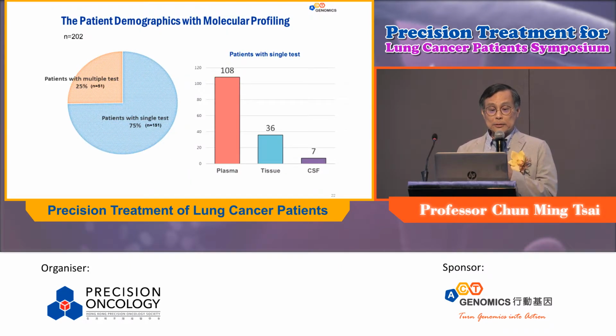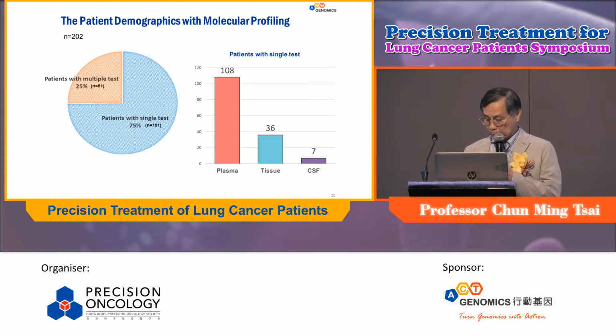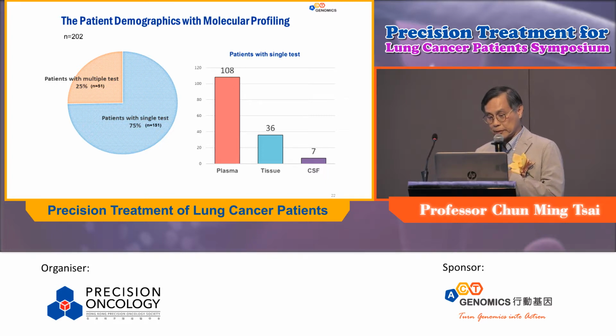Okay, so among these 202 patients, they have these samples. 3 out of 4 patients have only 1 test, and 25% of the patients have multiple tests. For the patients who have only one test, 108 have plasma, 36 have tissue, that's 3-to-1. And 7 patients have one test for CSF.